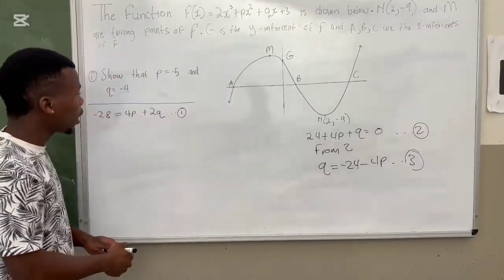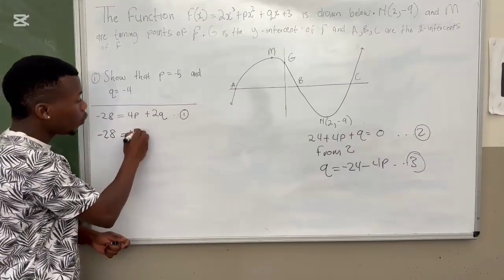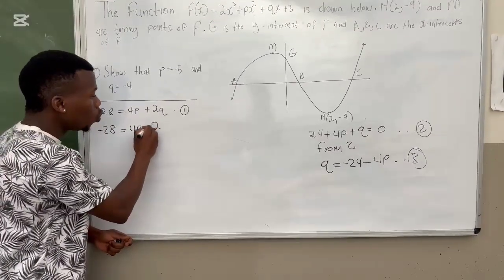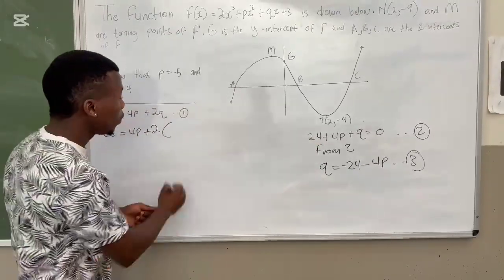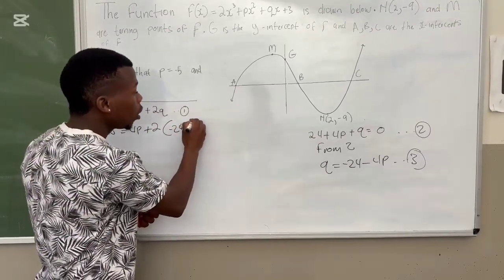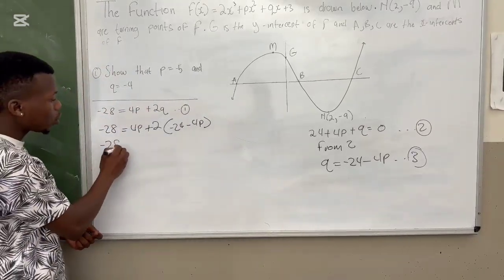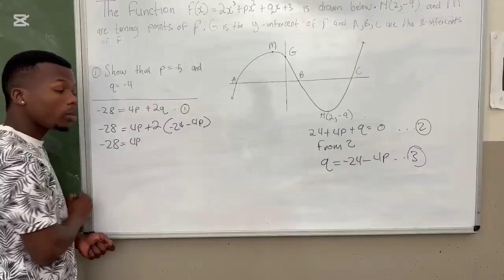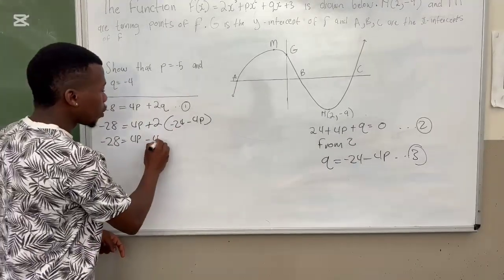Now let's go back there. Remember, this will be minus 28 is equal to 4p plus 2. But we said q is equal to minus 24 minus 4p. It means I have minus 24 minus 4p. We know 2 multiplied by negative 24 is minus 48.